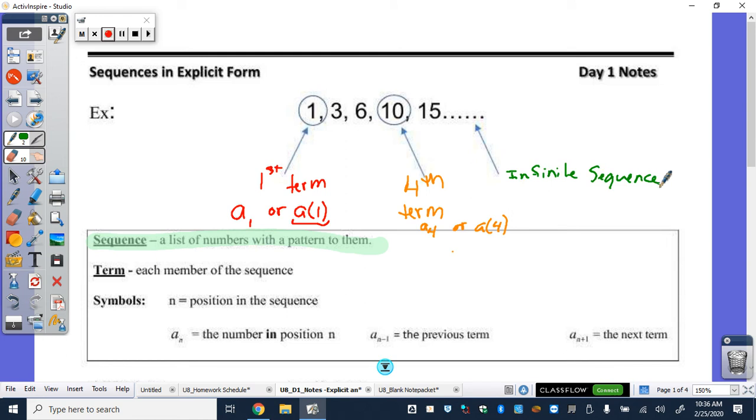So what does it mean to be an infinite sequence? It never ends. This pattern just continues on forever and ever. When we're dealing with infinite sequences, we have what we refer to as the nth term.